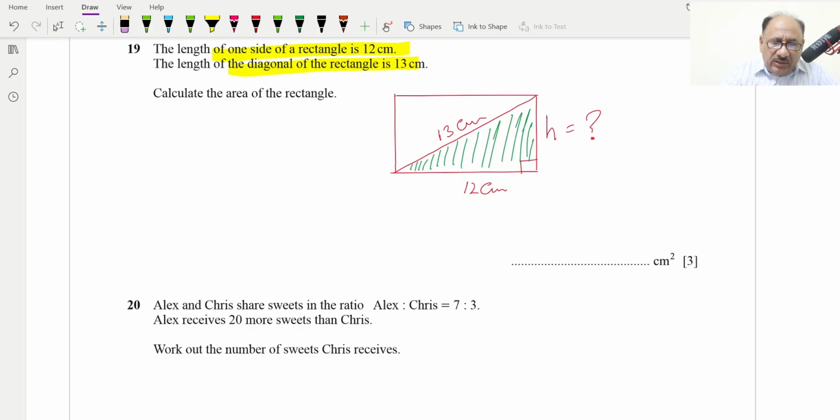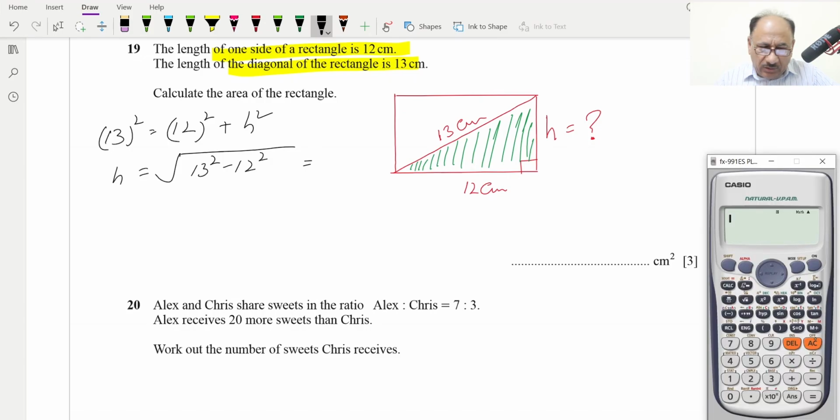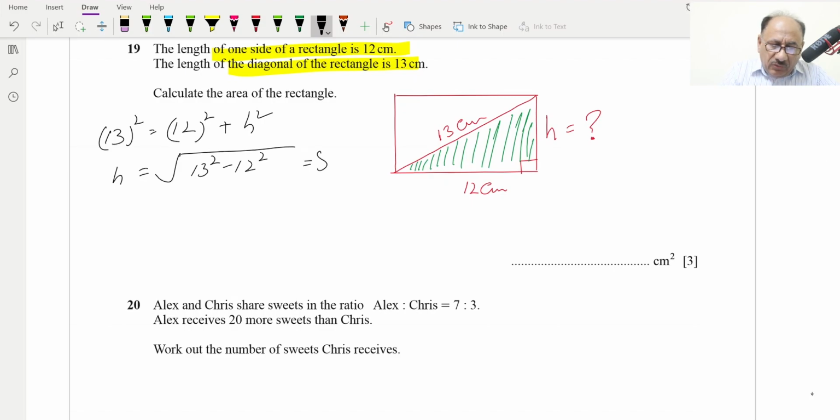So 13 square, which is hypotenuse square, is equal to the other side squares, 12 square plus h square. So h is equal to the square root of 13 square minus 12 square, and this one we can solve with the help of the calculator. So the square root of 13 square minus 12 squared will be equal to 5. So we found this height, which is 5.